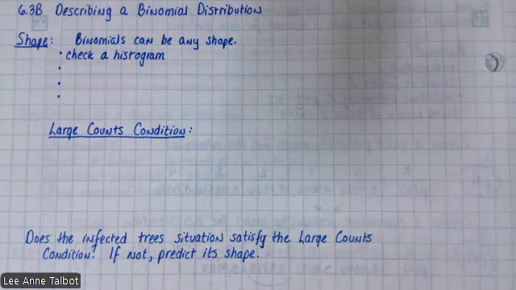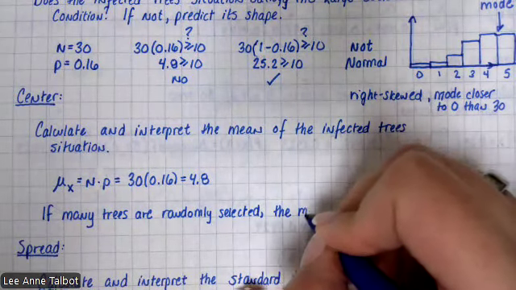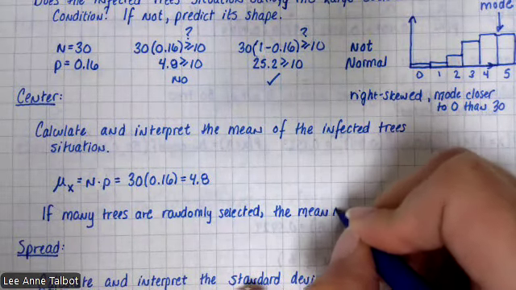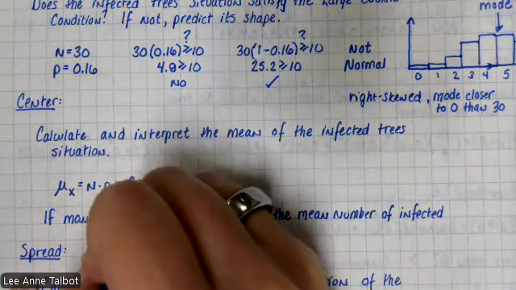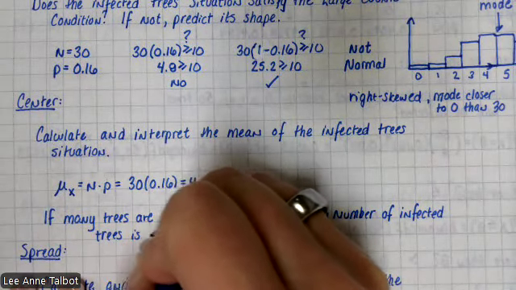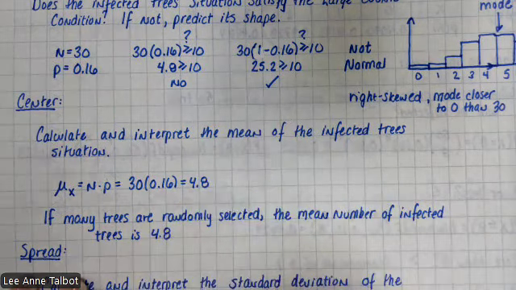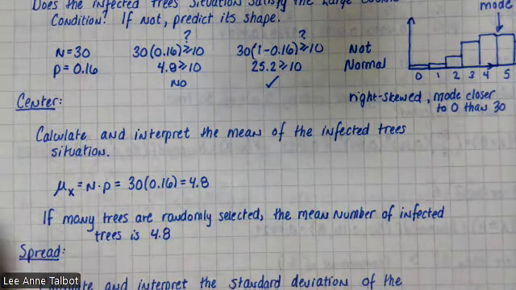Okay, interpretation. If many trees are randomly selected, the mean number of infected trees is 4.8.